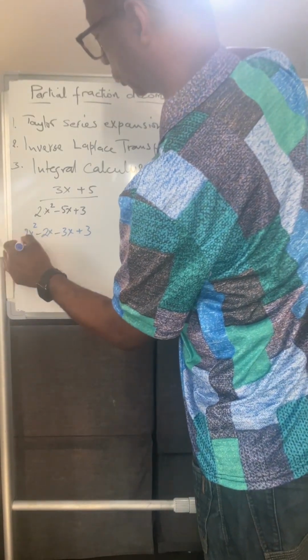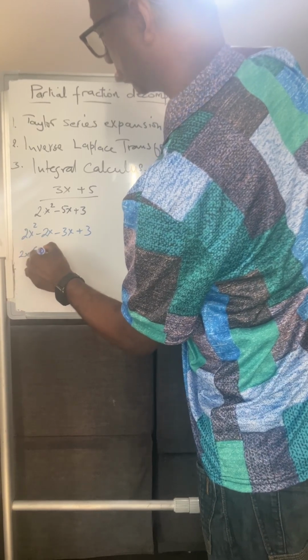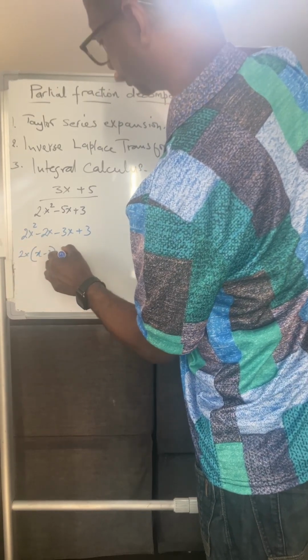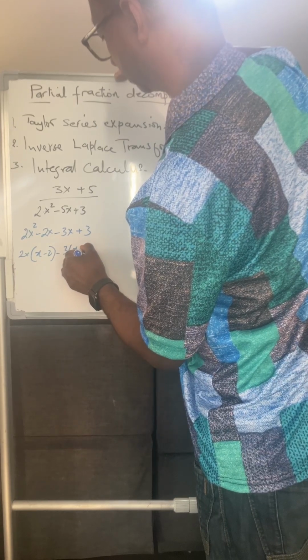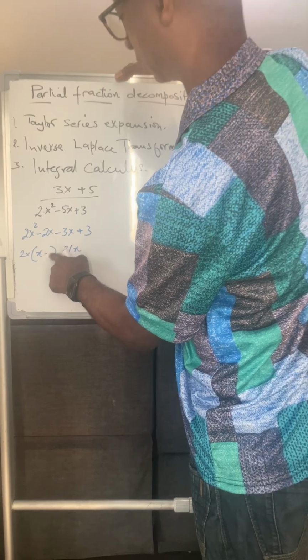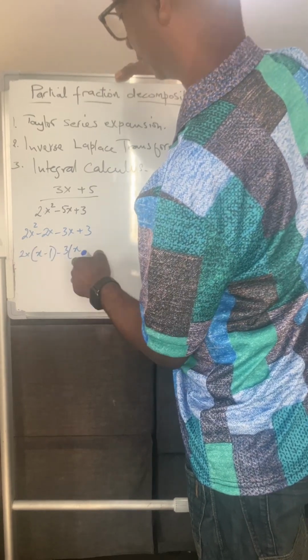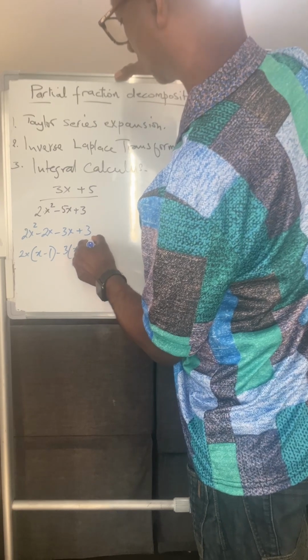So now you have here 2x into x minus 1, and here minus 3 into x minus 1.